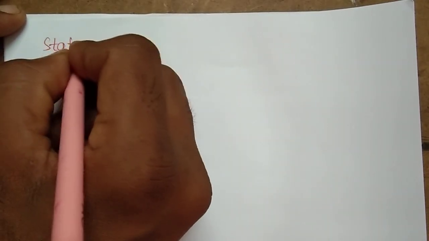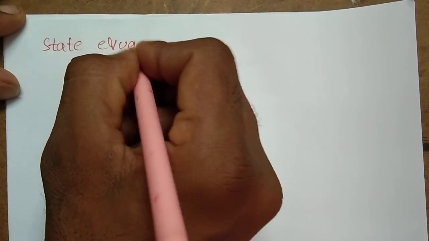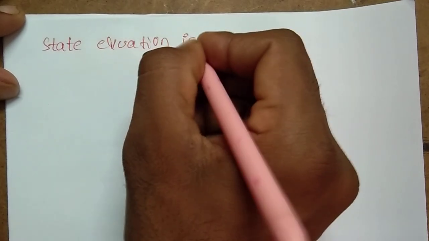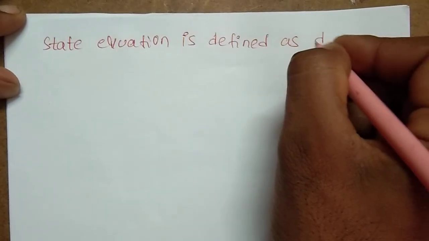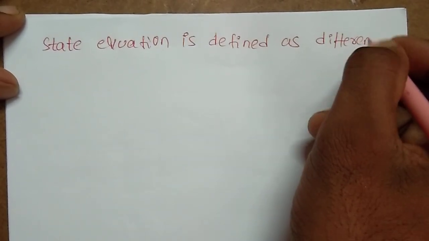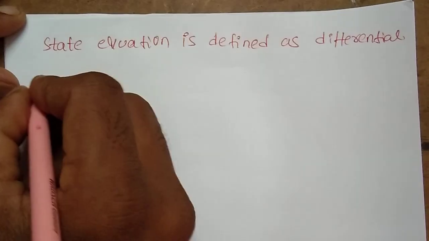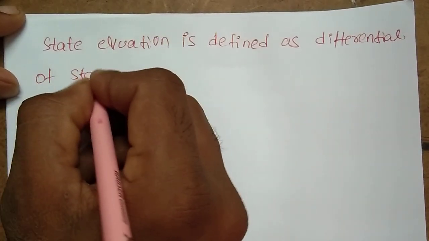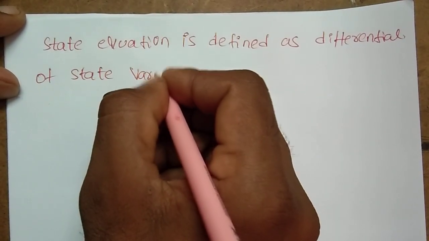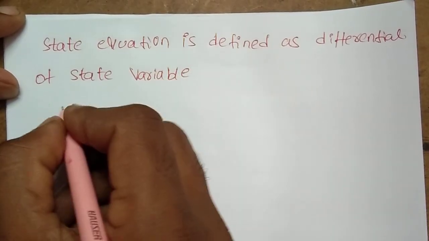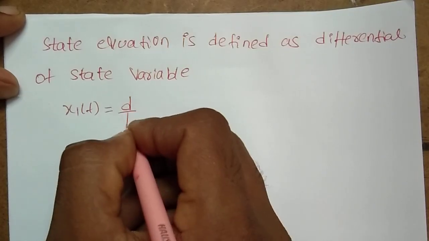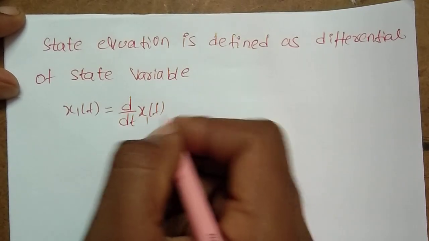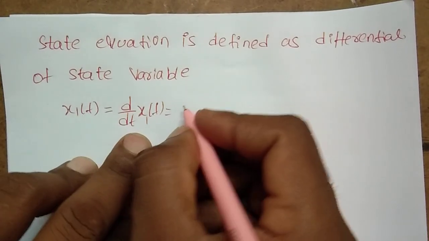The state equation is defined as the differentiation of the state variable. The state variable x1 of t, its differentiation is the state equation.